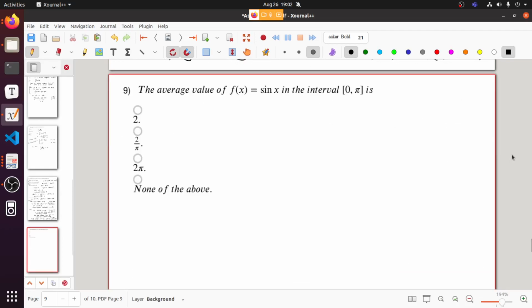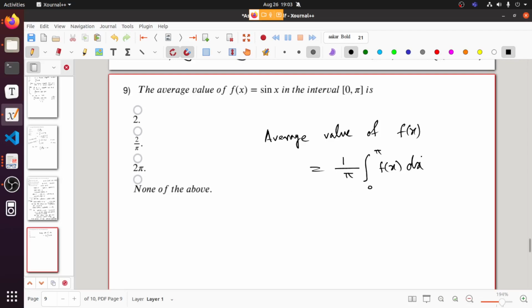Now move to question number 9. You have to find the average value of f(x) equals sin x in the interval 0 to pi. I have said in the last tutorial that for a function f, the average value is defined as: take the length of the interval, it's pi, 0 to pi, divide by the length of the interval and take the integration from 0 to pi of f(x) dx, right?